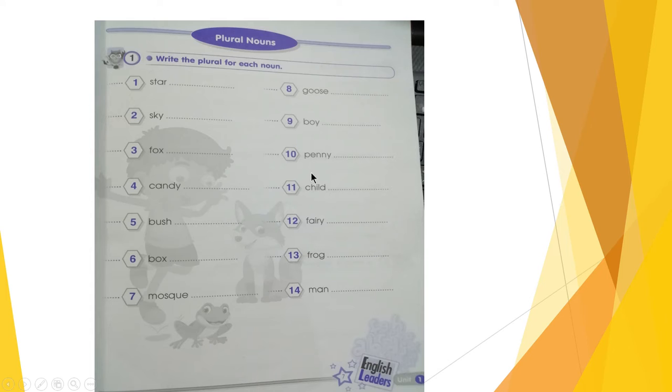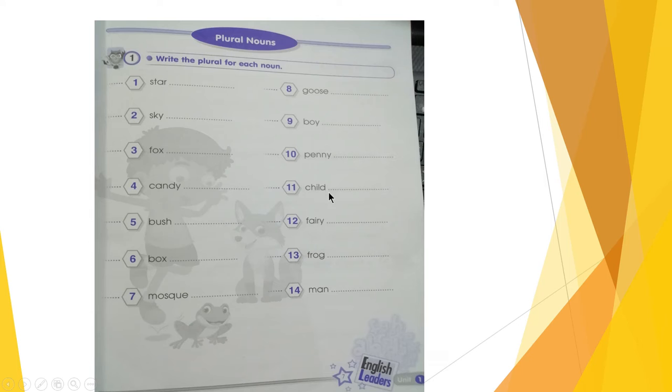Okay, now child. Child follows which rule? Which rule does child follow? لأي قاعدة تتبع child? Rule number 1, rule number 3, rule number 4. Which one? Yes, rule number 4.